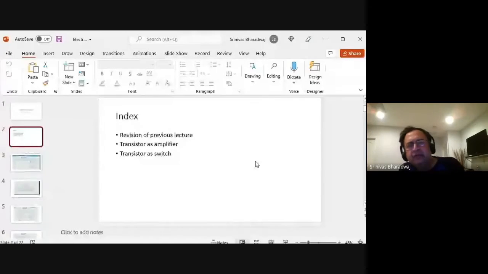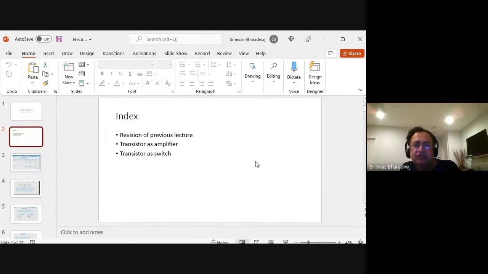Now the most common form of transistor used in devices like the laptop is not a bipolar transistor. It's not the NPN transistor that we discussed before, which uses junctions. It uses silicon with doping. Actually they use what is called complementary MOS, complementary metal oxide semiconductor.